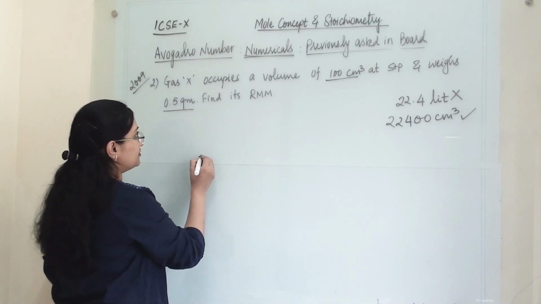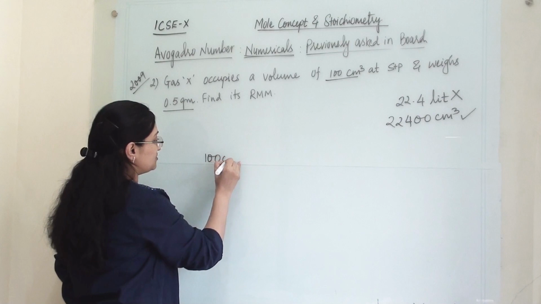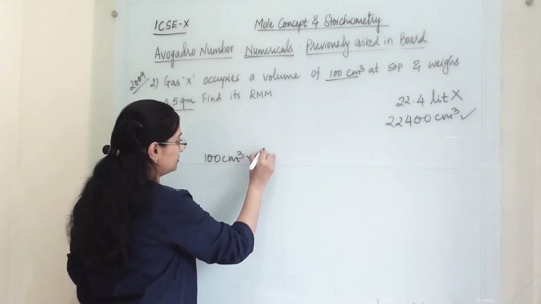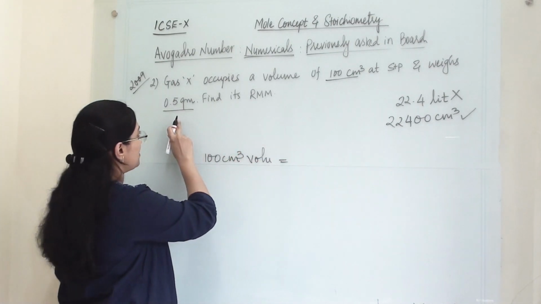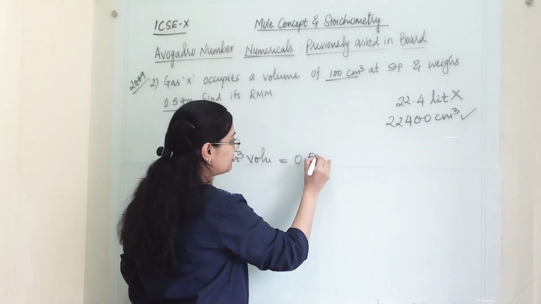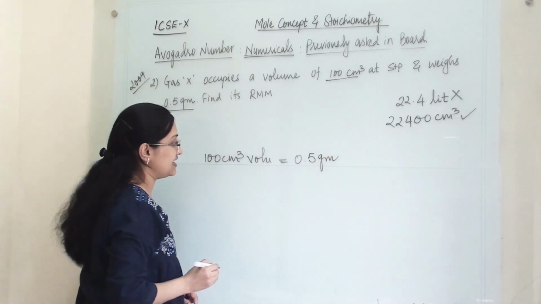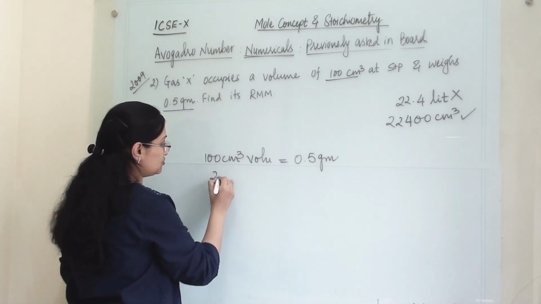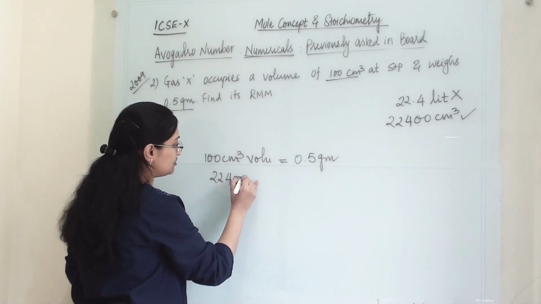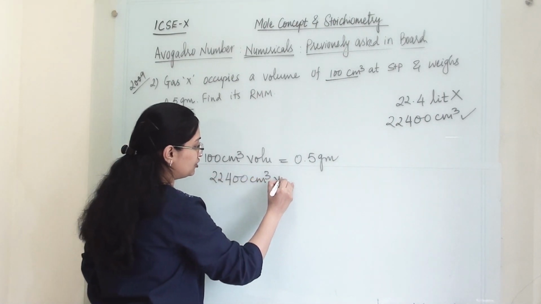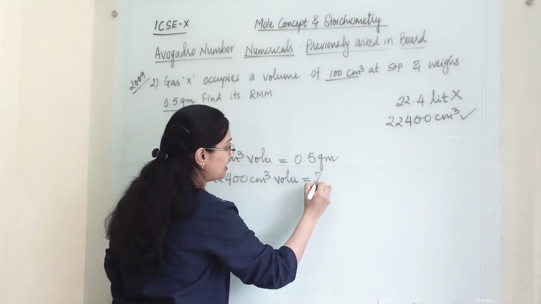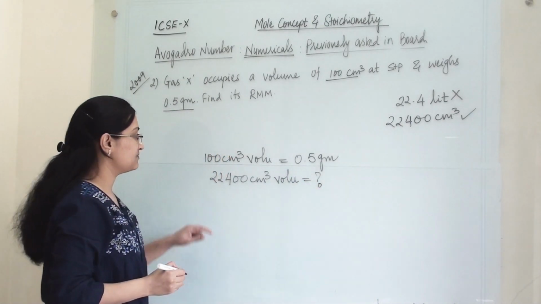So if 100 centimeter cube volume has 0.5 gram mass, then 22400 centimeter cube volume will have how much mass?